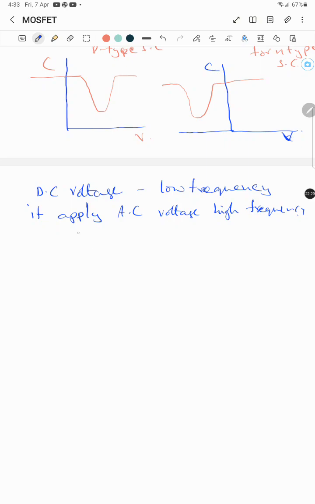Then there won't be enough time to form the inversion layer.